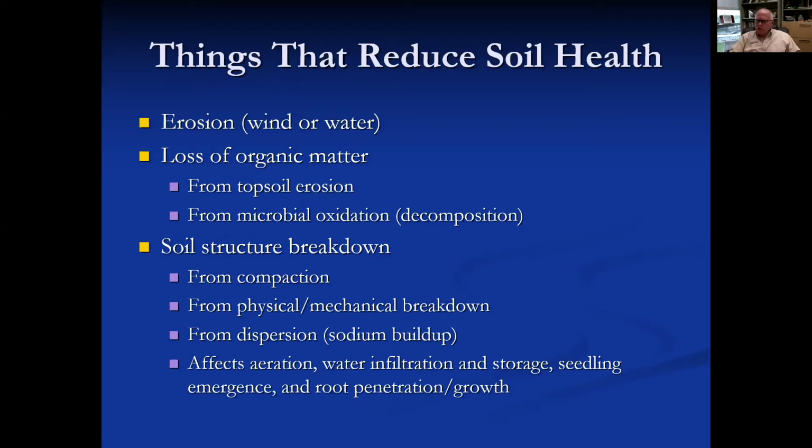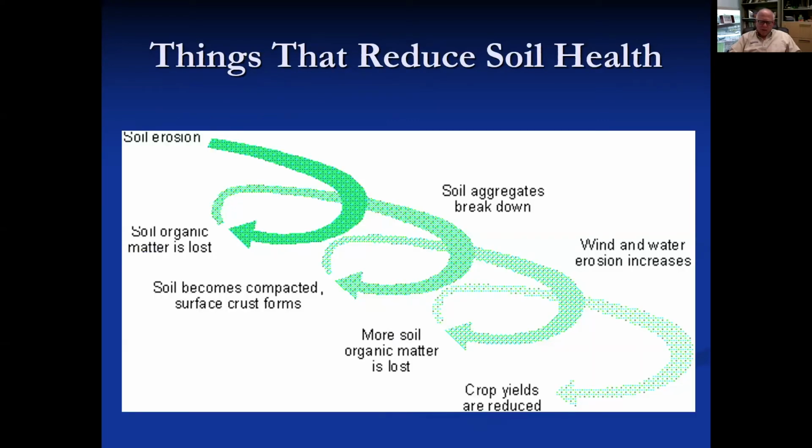The soil structure, of course, we've talked about its importance in aeration, infiltration, and what have you. So we get kind of a spiral of things that begin to happen as we mismanage soils in a way that promotes soil erosion, the breakdown and loss of that soil organic matter. Then aggregates begin to break down. We get compaction, we get additional loss of organic matter and so forth, and this continues to spiral.